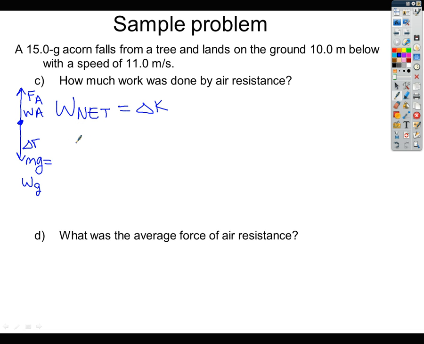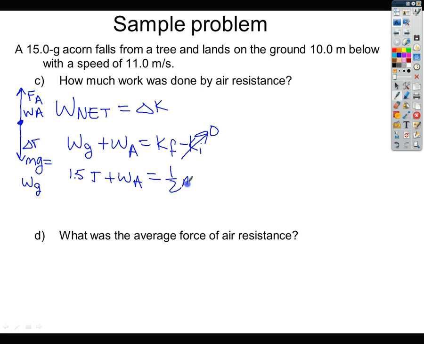In this problem, the net work is equal to the change in kinetic energy. That means the work due to gravity plus the work done by air resistance should be equal to the final kinetic energy minus the original kinetic energy. The original kinetic energy is 0 because it's not moving at first. We know the work due to gravity is 1.5 joules, we did that earlier, plus work done by the air resistance, equal to 1/2 mv squared. This speed, remember, is not 14.